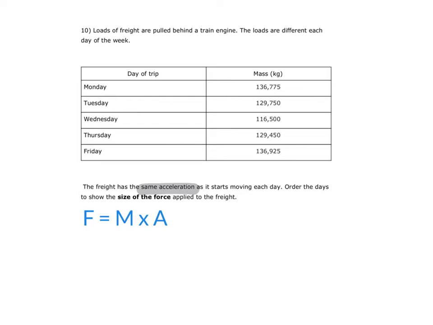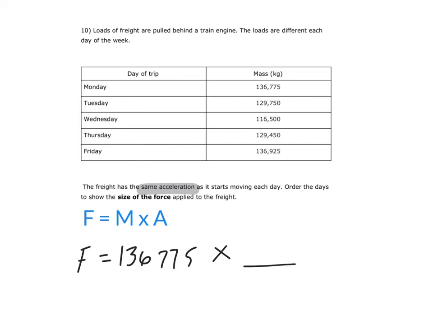They've given you the mass for all of these. Because you're solving for force, force equals mass times acceleration. They gave you the mass, so 1, 3, 6, 7, 7, 5, but they did not give you the acceleration. It doesn't matter as long as you pick the same thing.